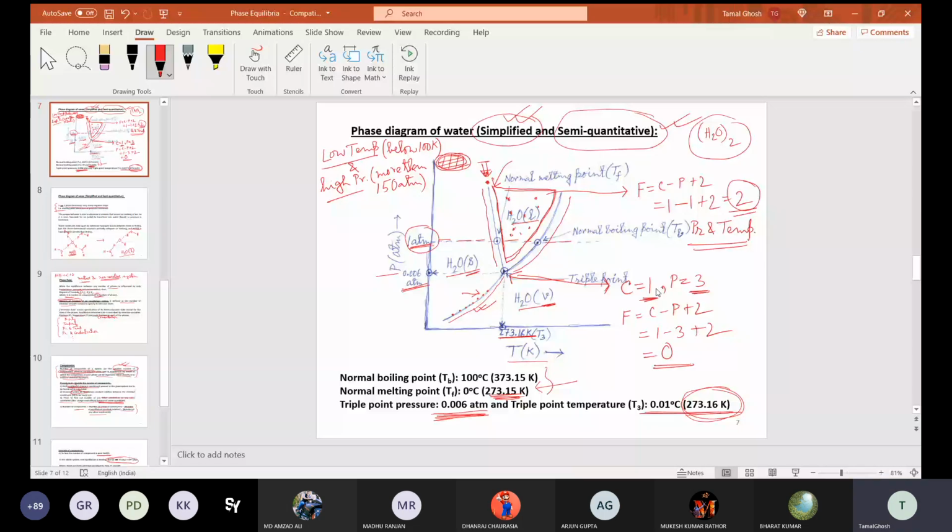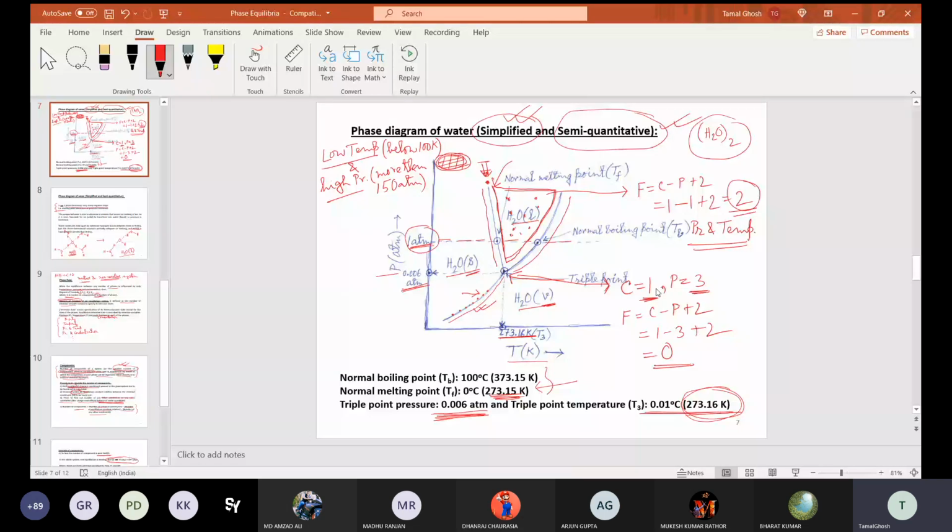Now, if somebody tries to deviate the system from this situation, the system will change from a 3-phase condition to a 2-phase or 1-phase condition.